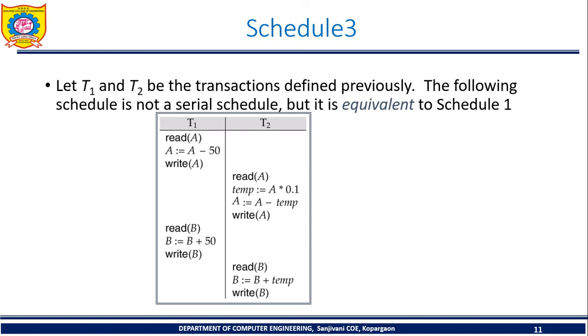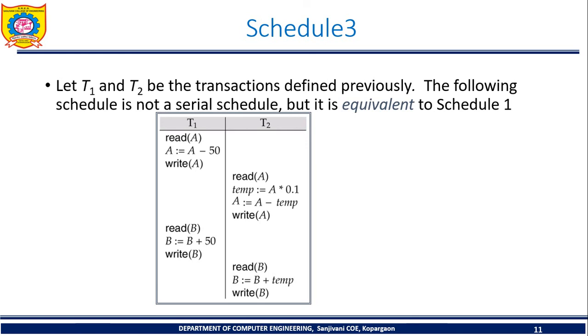That is, read the account balance of A. Then we use one temporary variable and perform operations accordingly, deducting the amount stored in temp from account A, and then T1 comes into the picture again.